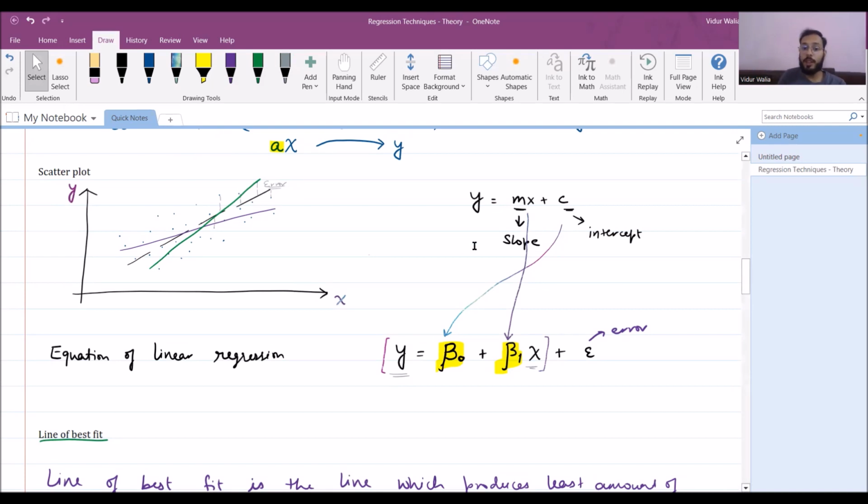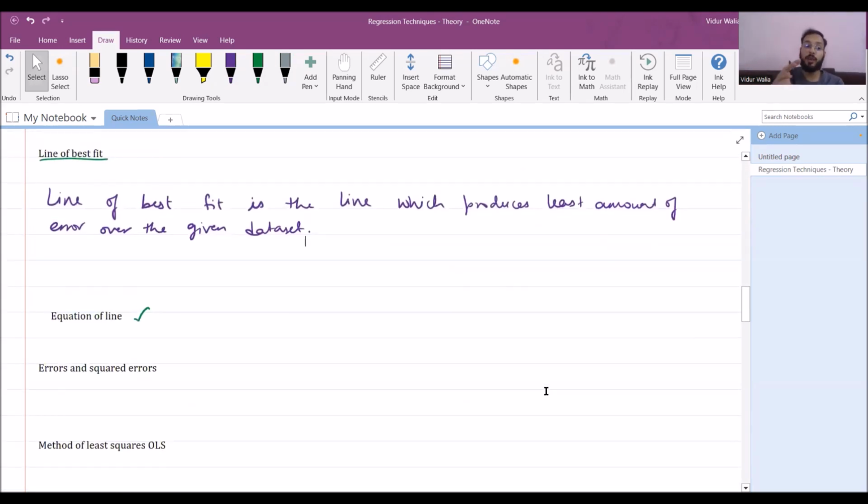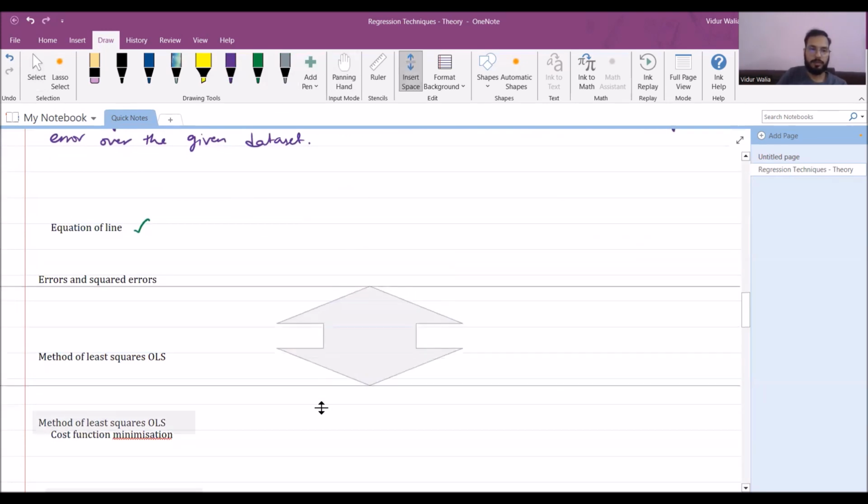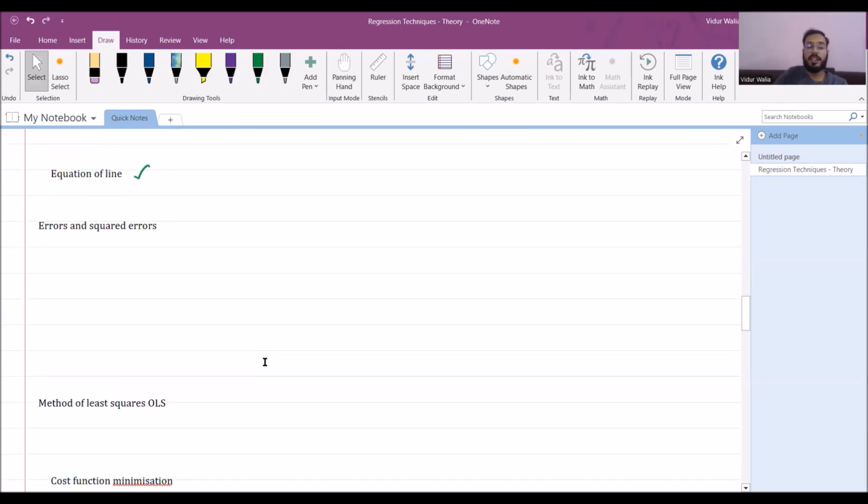So the best values of m and c, or in statistical terms beta naught and beta 1, which produce the least amount of error, will finally give me the line of best fit. And now we are getting into the techniques of how to get these values. Right? So here comes the catch.